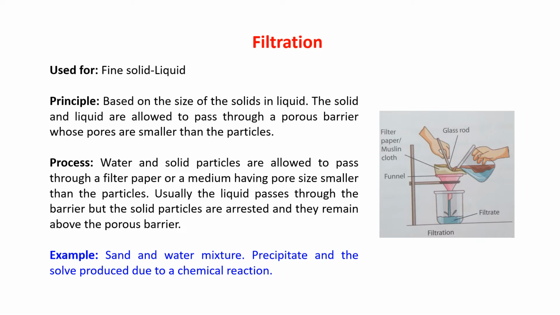When we are filtering, the solid particles remain in the filter paper because the pores of the porous barrier are smaller than the solid particles. The liquid part will pass through the filter paper. In this way we can filter the sand and water mixture.